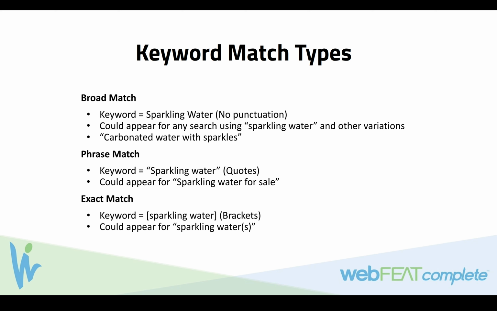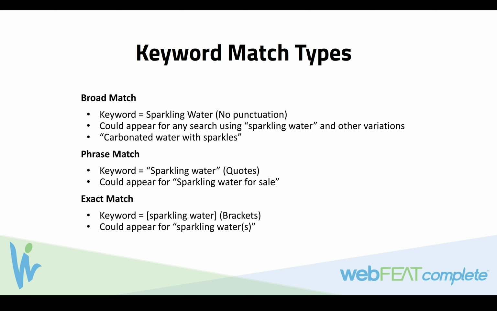So there's three types of keyword match types. There's broad match, phrase match, and exact match. Rarely do we ever use broad match, and I'm going to show you why now. So basically, if you want to bid on the keyword sparkling water and you're using a broad match keyword, then Google is going to show your ad for a wide variety of variations of the phrase sparkling water.